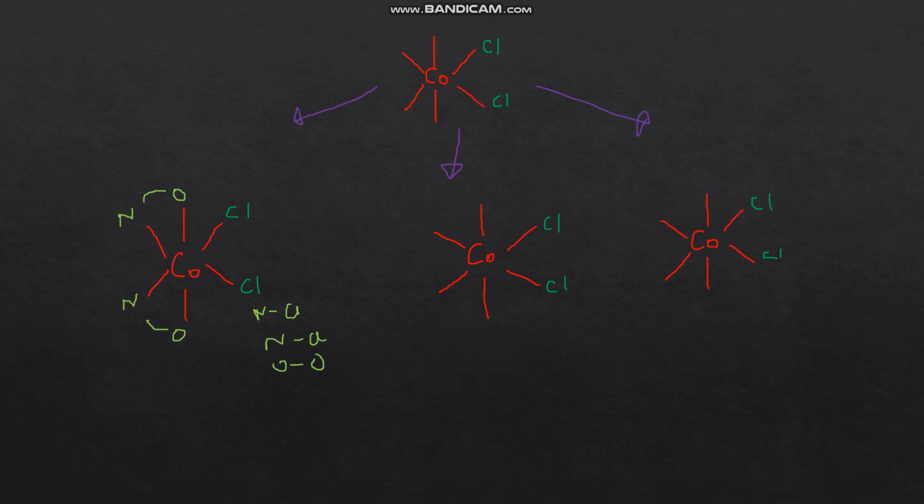Now nitrogen is opposite to your chlorine, and oxygen is opposite to your oxygen. So both oxygens are opposite to each other. If we are able to make one geometrical isomer where nitrogen and nitrogen are opposite, that would give us another geometrical isomer. So let's do that. If I write nitrogen here and nitrogen here, so that they would give us the different pairs.